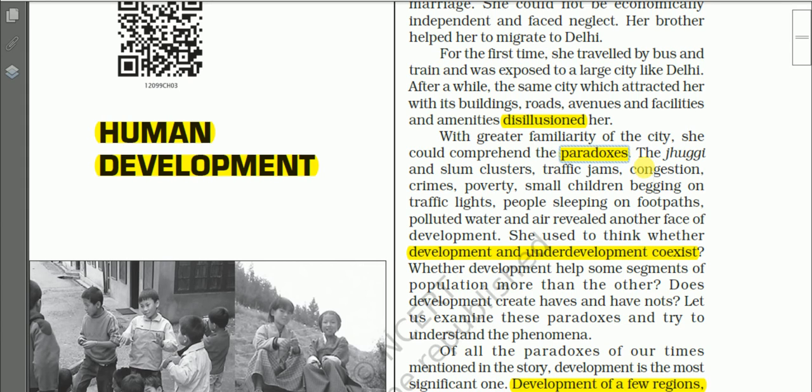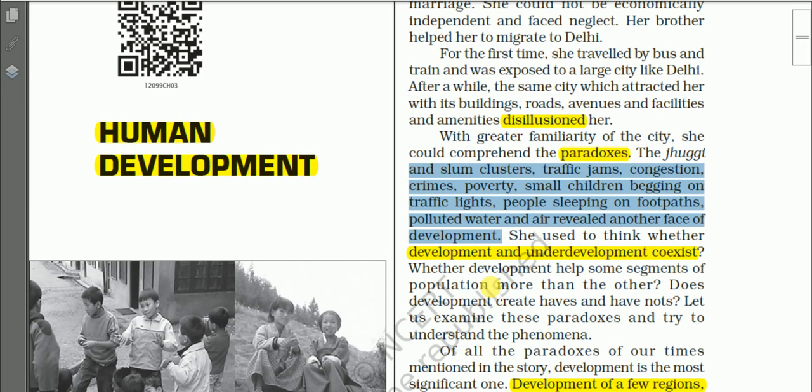She has seen so many facilities in the big city, but on the other hand, see the jhuggis and the slum clusters, traffic jams, congestion, crime, poverty, small children begging on traffic lights, people sleeping on footpaths, polluted water and air reveal another phase of development.